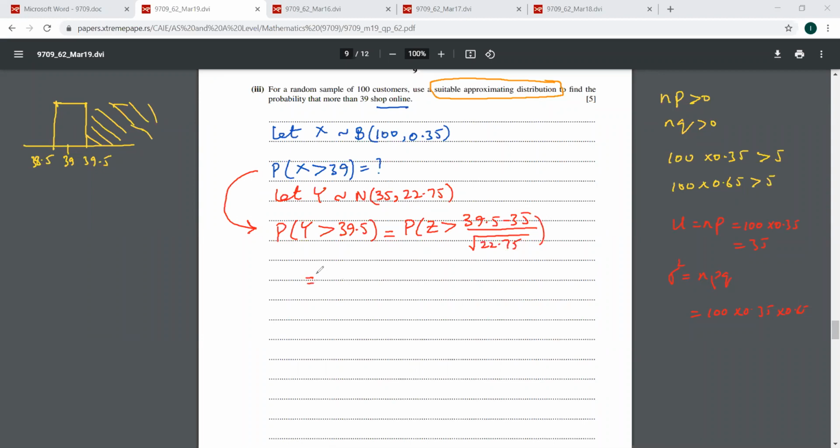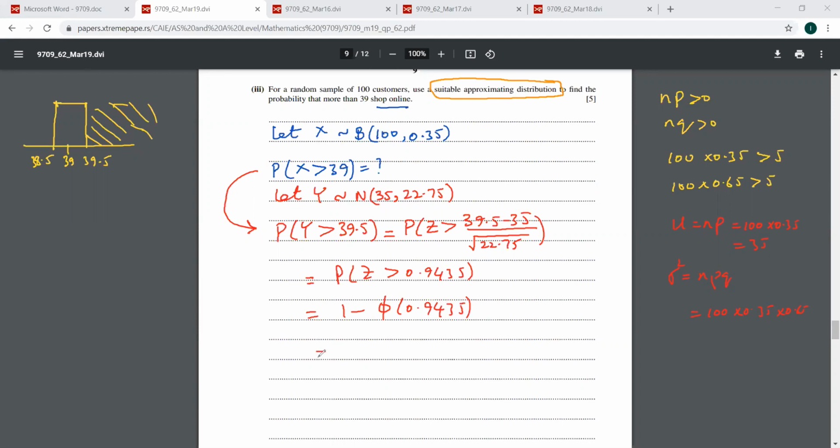So let's use the calculator. 39.5 minus 35 divided by the square root of 22.75. So we have 0.9435. So this is going to be 1 minus phi of 0.9435.